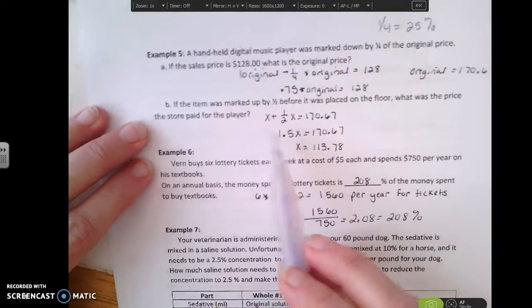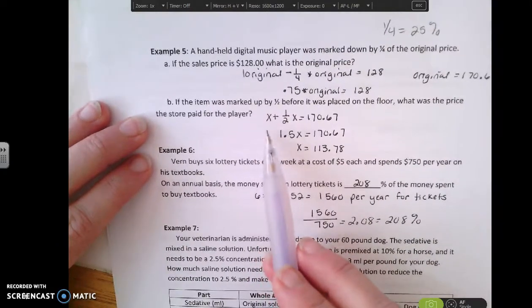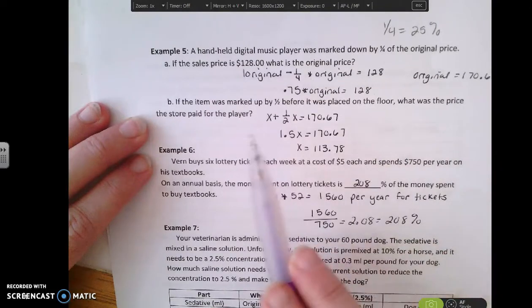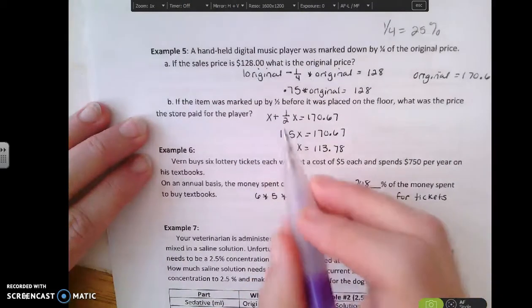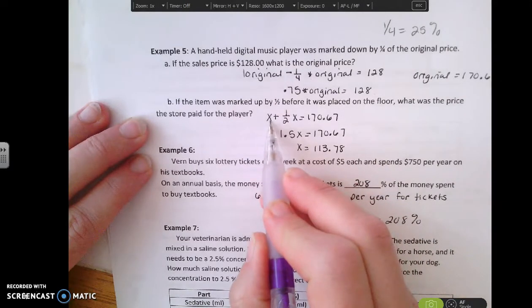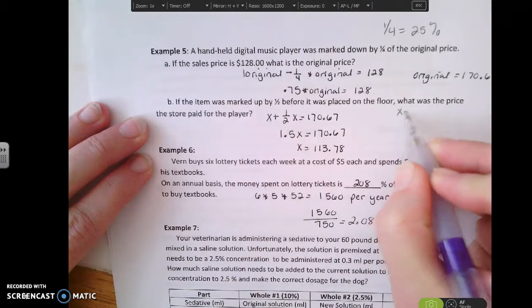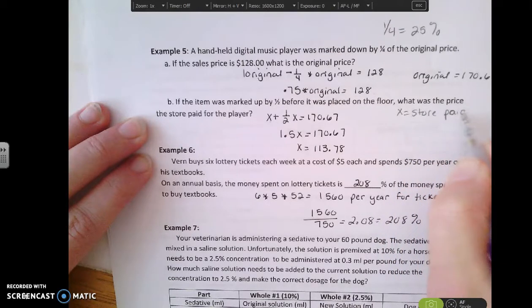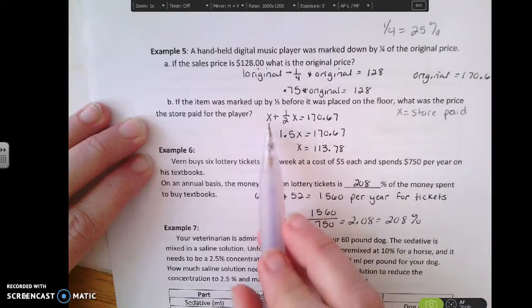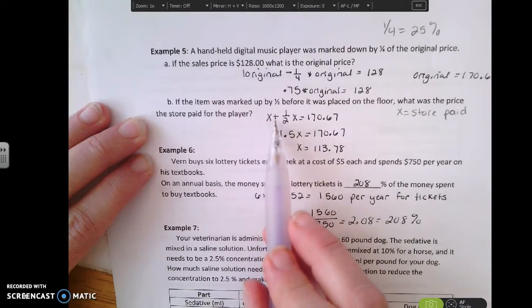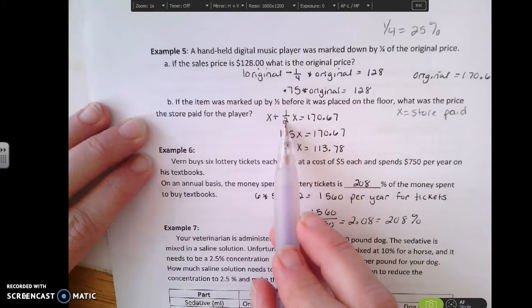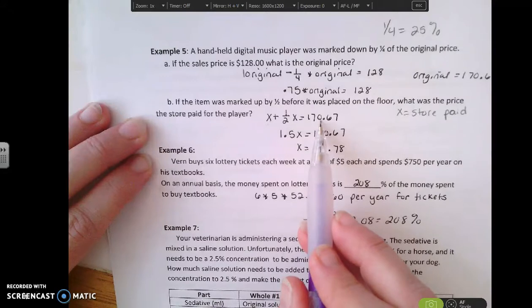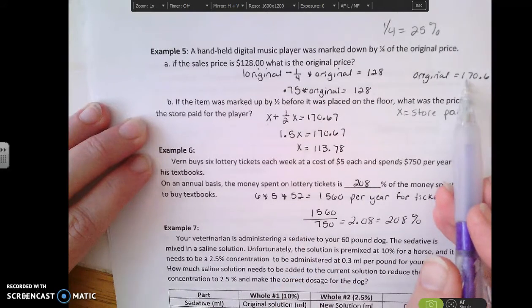Now the next statement says, if the item was marked up by 1/2 before it was placed on the floor, what was the price that the store paid? So we're going to do the same idea. X is the price that the store paid. If I take the price that the store paid and add a half, it was marked up by half of what the store paid, and I got $170 because that's how much it was on the shelf for.